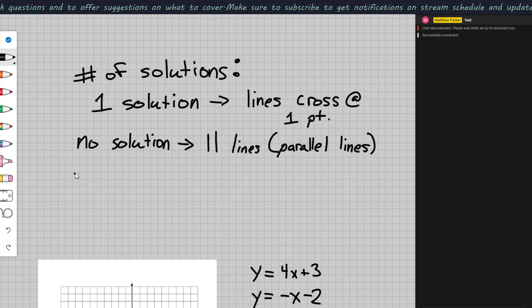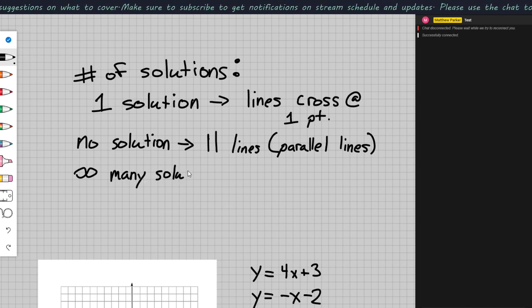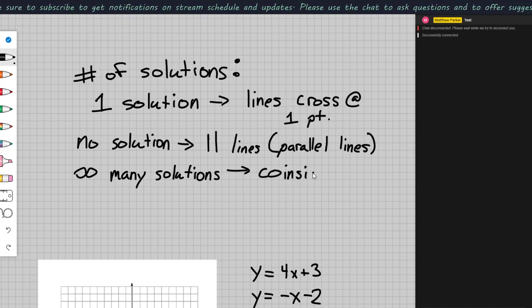And then you can have infinitely many solutions, or all real number solutions, and that occurs when they're coinciding. I spelled that with an S instead of a C. It is with a C, so I apologize.